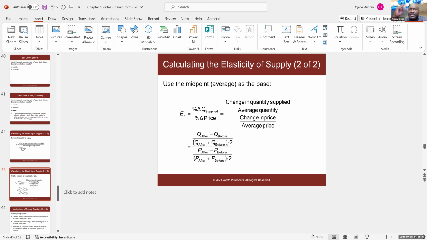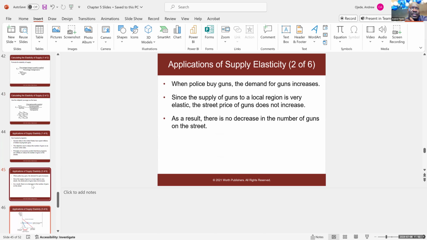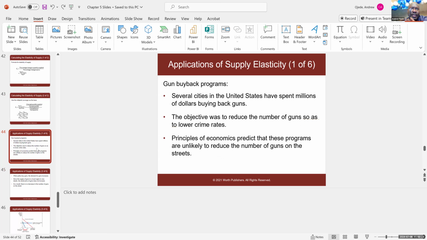You take the quantity supplied after the price change minus the quantity supplied before, and divide by the average of those two quantities. Then you divide by the price after the change minus the price before, divided by the average of the two prices. It's similar to the midpoint formula for calculating elasticity of demand. Not any different.